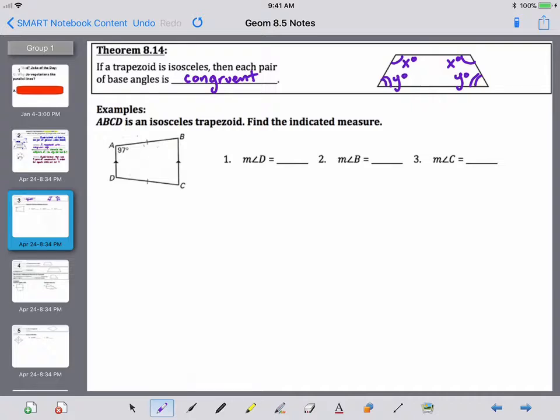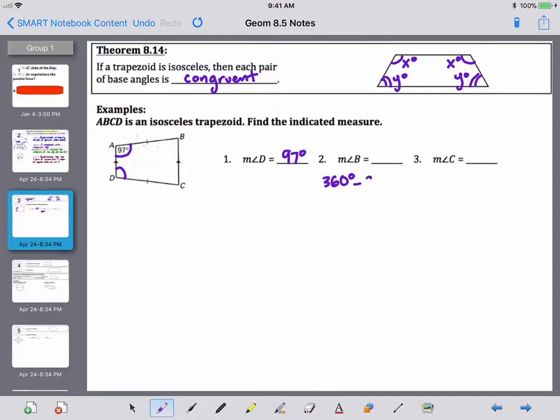Notice that in this example, they tell us that this is an isosceles trapezoid. So if angle A is 97 degrees, angle D must also be 97 degrees. Well, now we need to figure out what we have left over for angles B and C. If you recall from an earlier lesson, in a quadrilateral, the four angles always add up to 360 degrees.